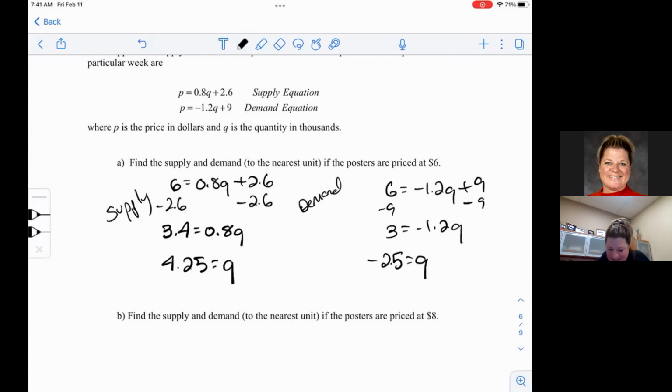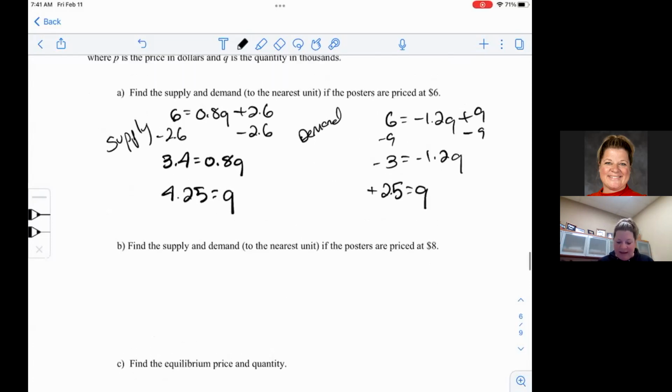Oh, shoot. This should have been a negative, and that would have been a positive. Okay, I see it. I didn't see it till I looked at my work because I was like, why would they give a demand of negative? That means there's no demand, right? You can't have a demand of negative.